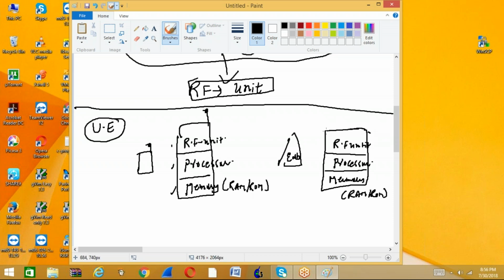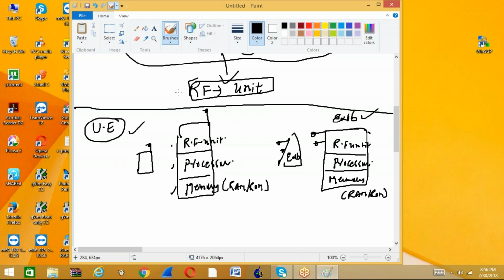It contains antennas. So this is your eNode B and this is your UE. Both are the same, right? There's no difference between UE and eNode B.